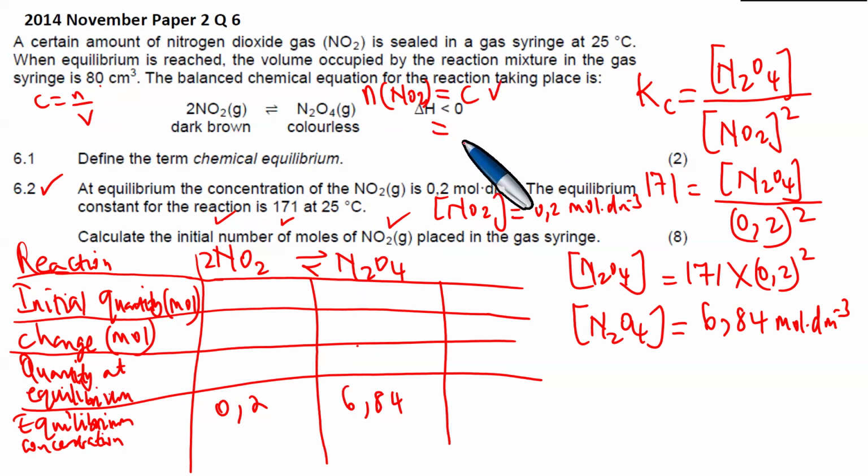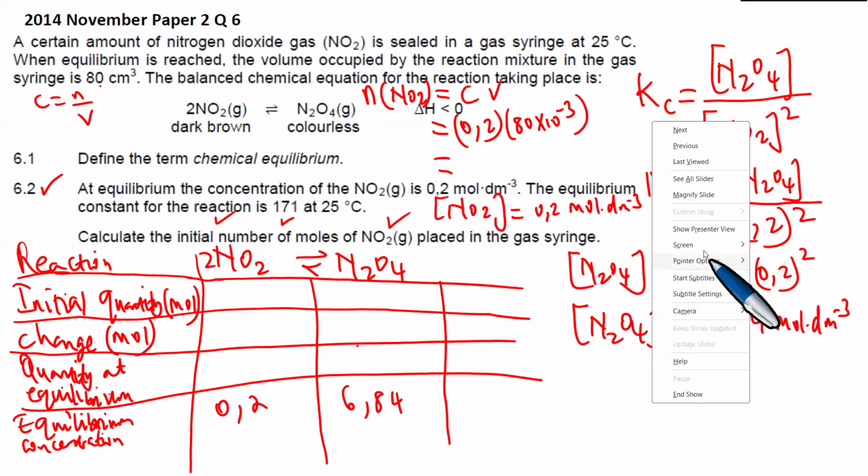for NO2. What is the concentration? For NO2, the concentration is 0.2. What is the volume? The volume is exactly this one, but you divide it by 1,000. So we can write 80 times 10 to the minus 3, because you're converting from cubic centimeters to cubic decimeters.